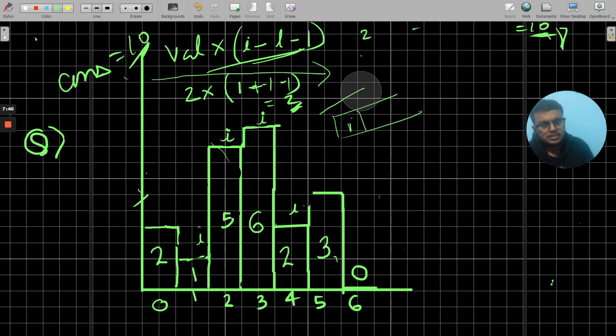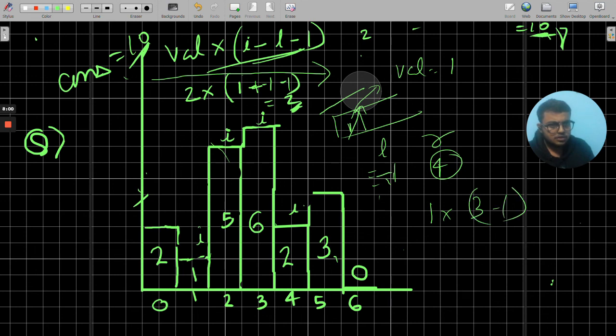So now let's try to pop it out. The value of 1 is 1, and my left will become -1 because right now there are no more elements left, and my right will still be 4. So again the formula: 1 multiplied by 3 minus 1, that is 2, which is not greater than 10. So I'll be taking my I over here.